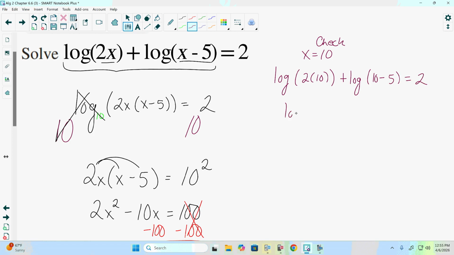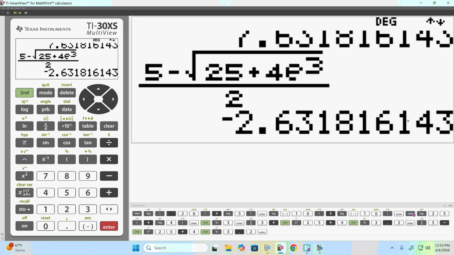We can simplify this a little bit before we plug it in: inside the first log, 2 times 10 is 20. Inside our second log, 10 minus 5 is 5. This is fine because with log of 20 and log of 5, we're taking logarithms of positive numbers.